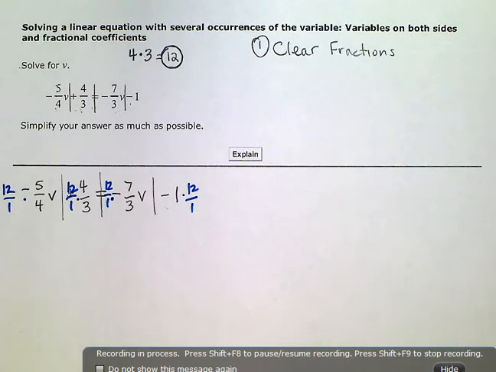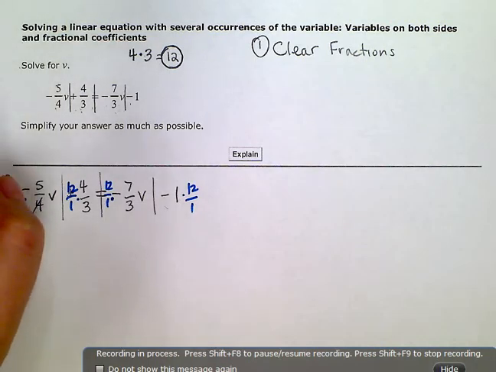And then I'm just going to multiply my fractions. So you can do 12 over 1 times negative 5/4 in your calculator. Or I'm going to cross cancel some factors here. I know 4 goes into 12 3 times. So 3 times negative 5 is negative 15. And I'm left with 1 times 1 on the bottom, or just negative 15v.